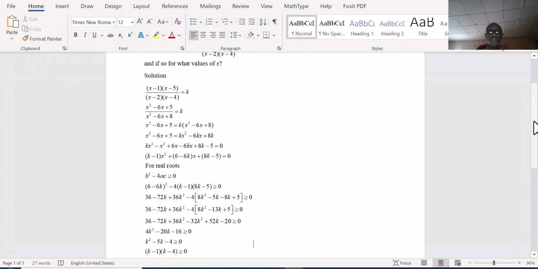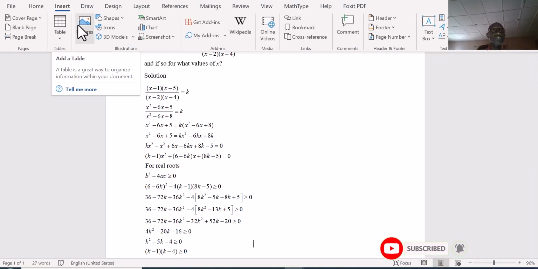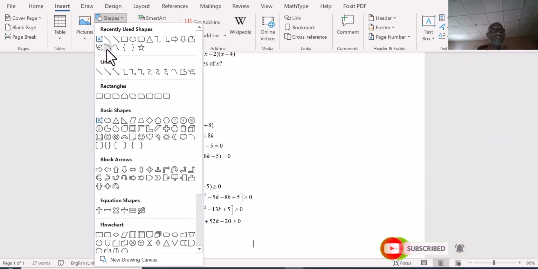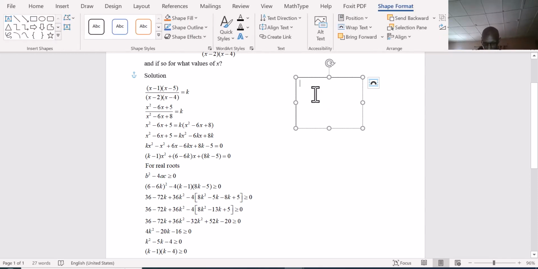What I normally do is to create a sidewalk so that you see what I'm about to do. I'll create a sidewalk for me to know the values I'm going to be using in creating this table. Let k minus 1 equal 0. It's side work, not part of our working.